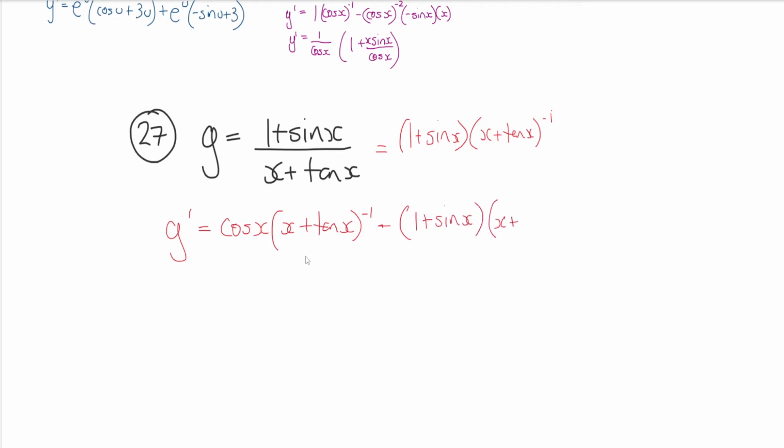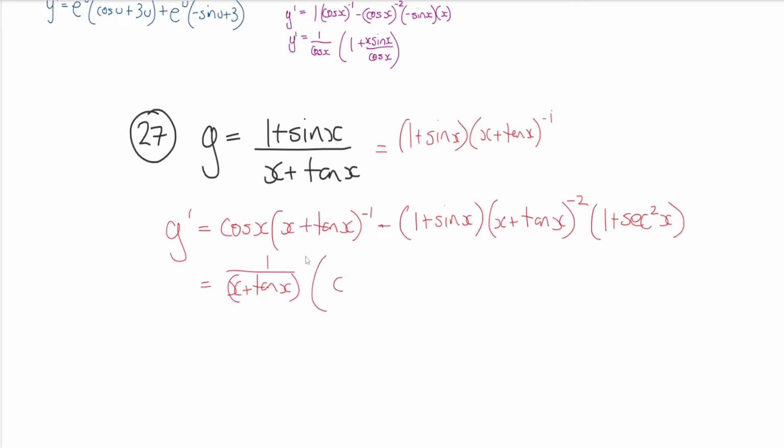This is where the minus came from, and its power should go down by 1 because we just did the outside, and now let's do the inside. 1 plus secant squared of x. And now I think we can maybe factor some things out, right? That's about it.